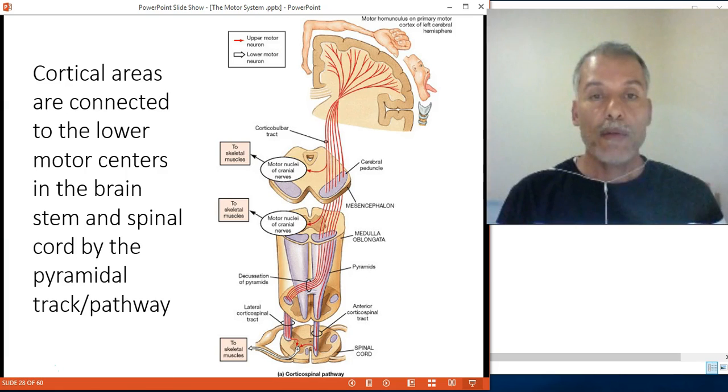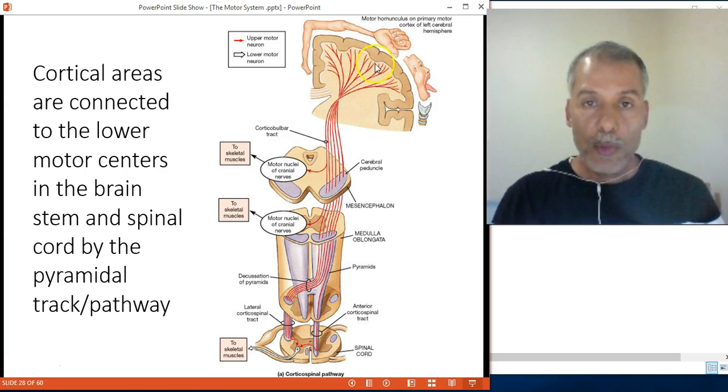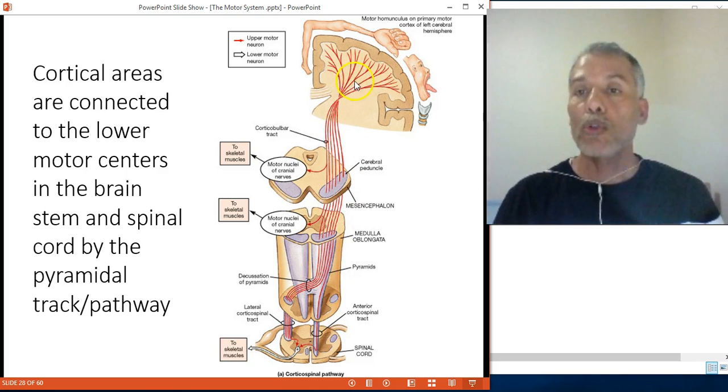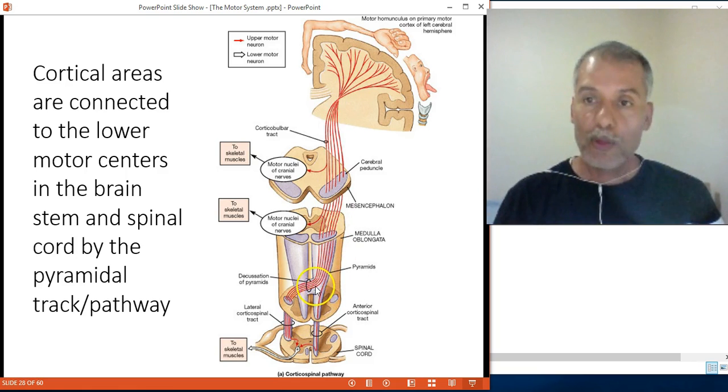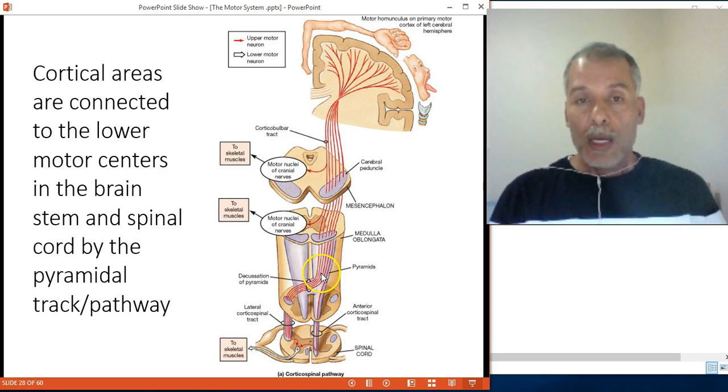And again, go back. So now we have the pyramidal tract, the part that goes from here to the brain stem to connect with the cranial nerves, that is made up of the upper motor neurons, and that part of the pathway is called the corticobulbar tract. Okay, and there is a disorder if someone has damage to the corticobulbar tract.